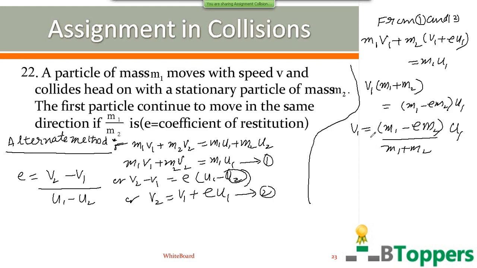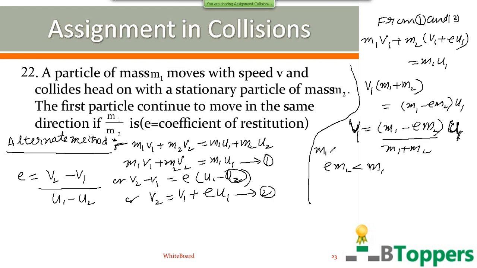So the first particle of mass m1 continues to move in the same direction after collision if v1 and u1 have the same sign. If you give a positive sign for initial velocity u1 before collision, then v1 is also positive. That means m1 minus em2 must be positive, or em2 must be less than m1.